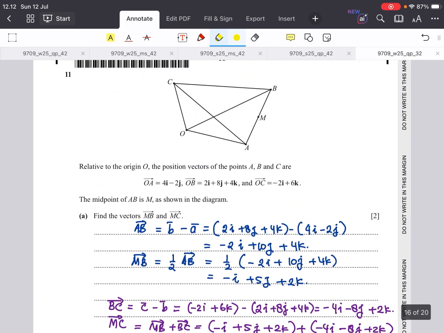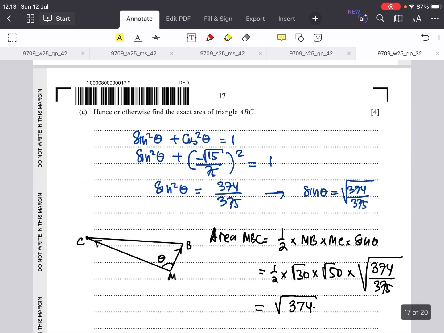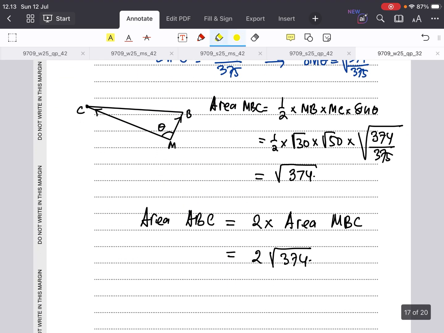Now, since M is the midpoint of AB, we can say that area of ABC is twice the area of MBC because M is the midpoint of AB. So now we have found the area of MBC. So area of ABC is 2 times area of MBC. So the area of ABC is 2 square root of 374.